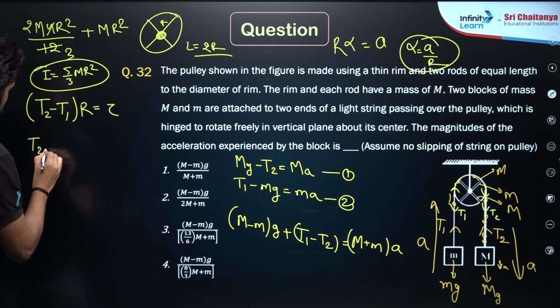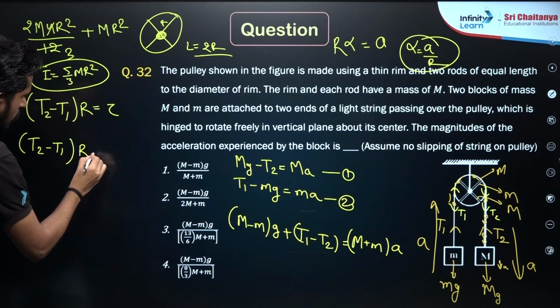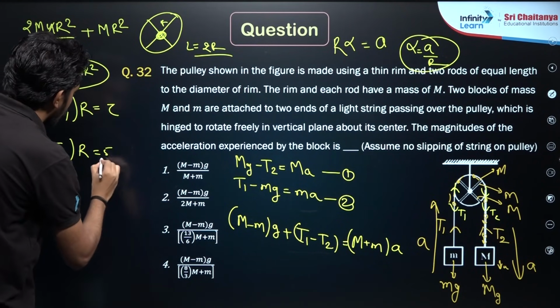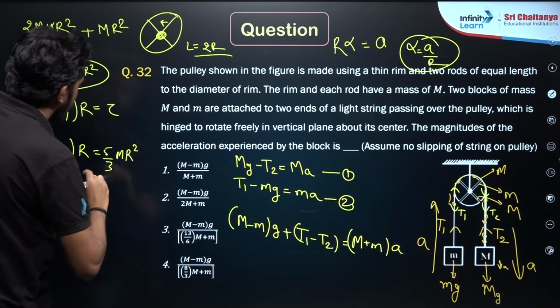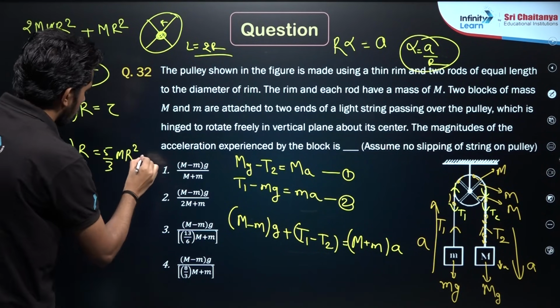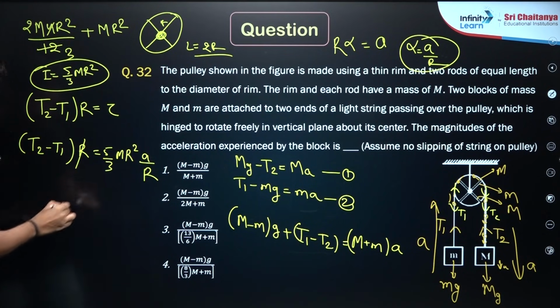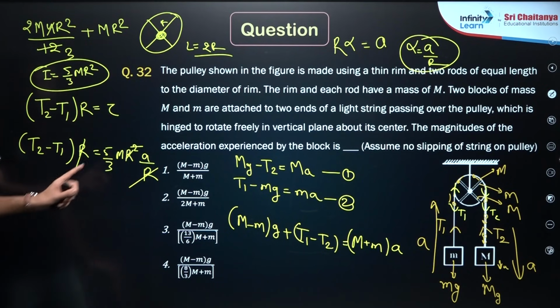(T2 minus T1) R equals torque, which is I alpha. I is 5 by 3 m r square and alpha is A by R. So we have one R in the numerator and denominator, they cancel out.